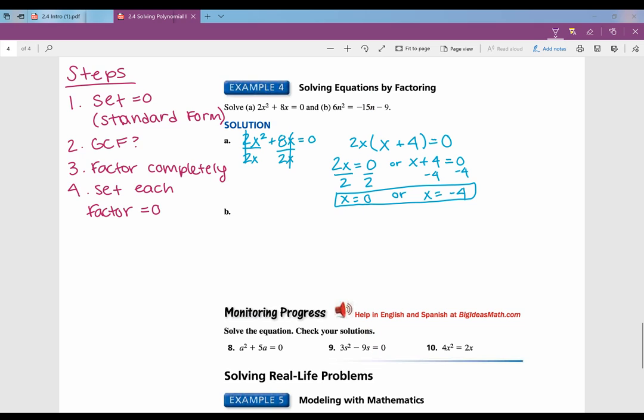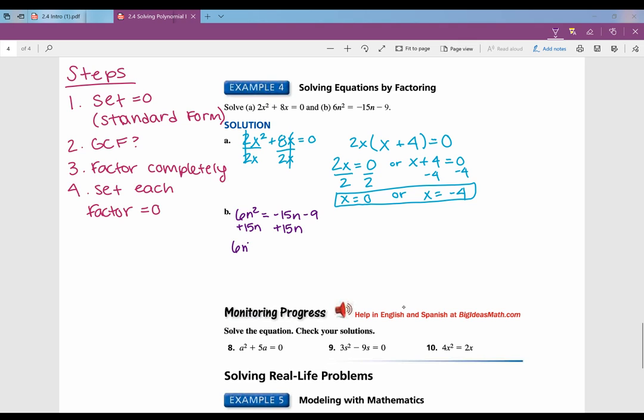For B, we have 6n squared equals negative 15n minus 9. So our first step, we want to set it equal to 0, get it in standard form. So that means we need to get everything on the same side. First let's move our 15n over.